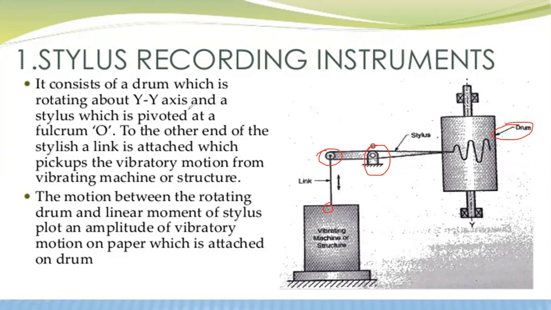So it consists of a drum which is rotating about the y axis and a stylus which is pivoted at a fulcrum O. Only the drum rotates in the y direction.